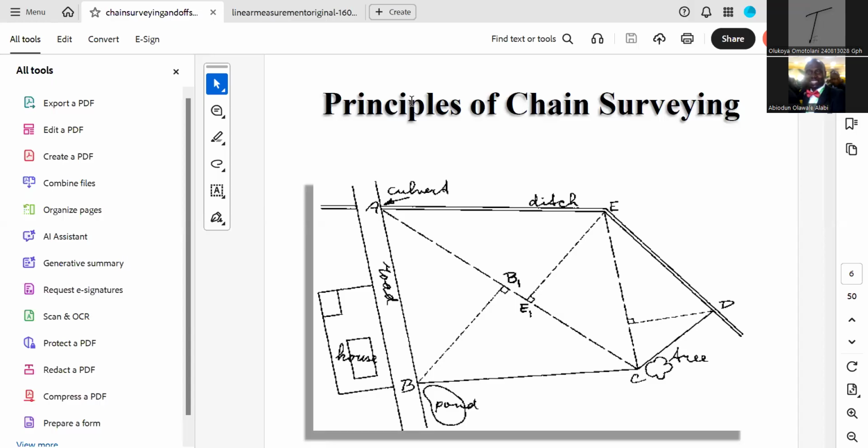Okay. Then another question says, sir, when you were talking about the suitability of chain survey, you said for comparatively small areas.